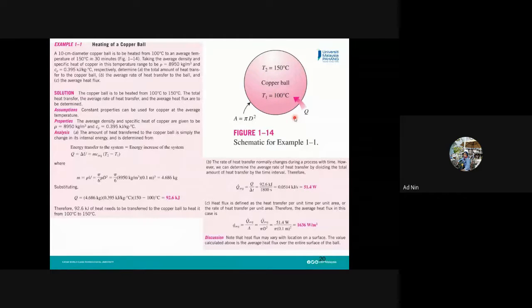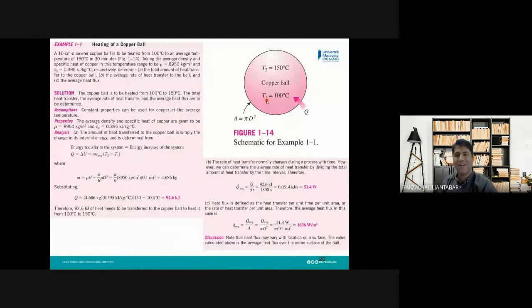It's a lower temperature. Because the temperature is increased for the ball. The initial temperature is 100 degrees Celsius. The final temperature is 150 degrees Celsius. So it means the energy is absorbed. It is transferred to the ball. What you mean is right, but the explanation only needs to be modified. Thank you. And so we need to calculate the amount of the heat transfer, or Q, the capital Q.